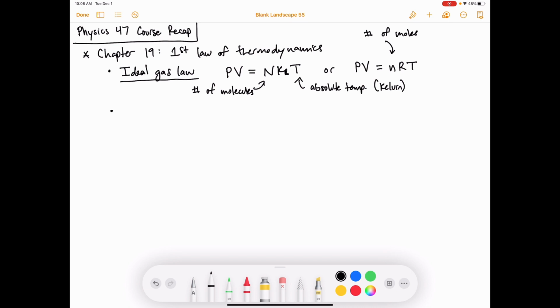And using the ideal gas law, we derived a really important result.